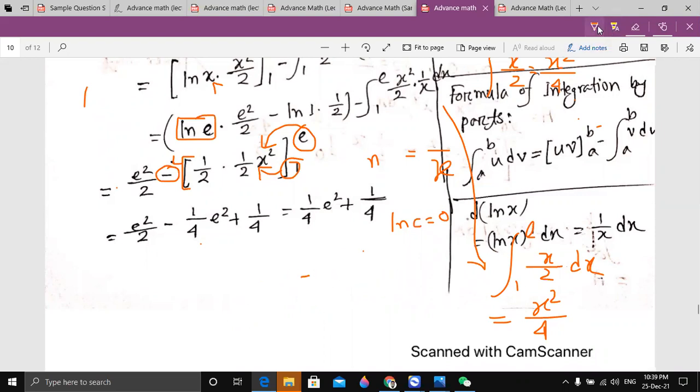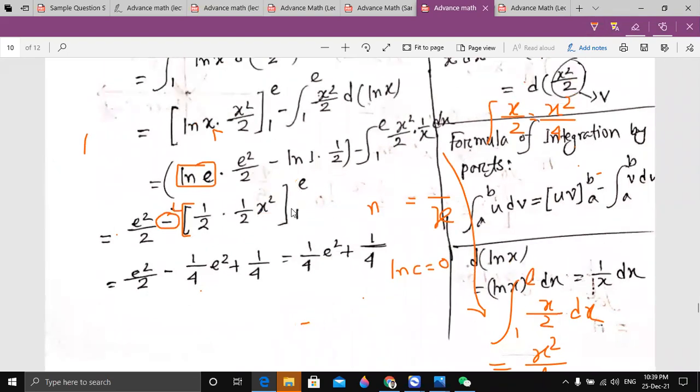Okay, so the last two lines. From this line, we just cancel x and we get x here. Then we have to calculate the integration value of x by 2. The integration of x by 2 is x square by 4. And then we have to substitute back the limit. Firstly we substitute the upper limit, and then minus we substitute the lower limit. So if we substitute the upper limit, it will be 1 by 4 e square.